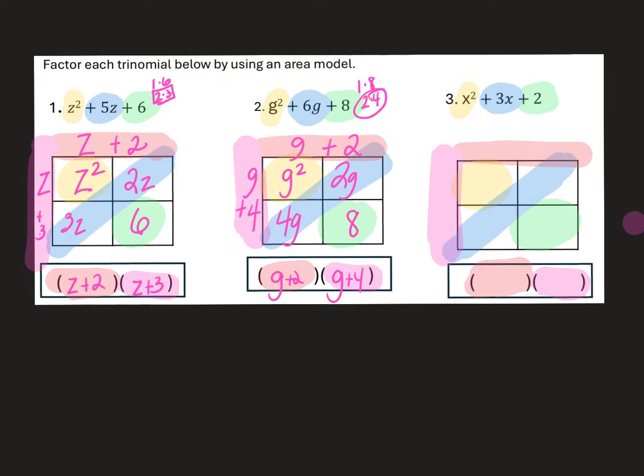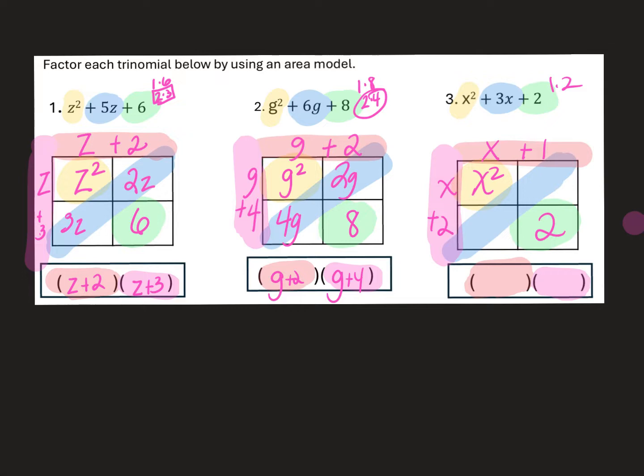I want to put x squared in the yellow box, 2 in the green box, and then I want to ask myself, what can I multiply by itself to get x squared? That would be x. The only factors of 2 are 1 and 2, so positive 1, positive 2.